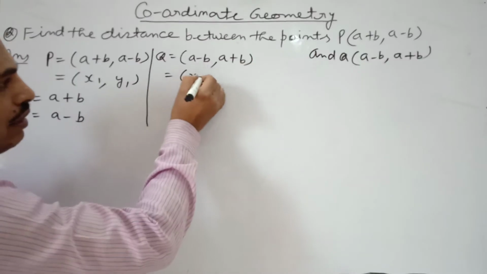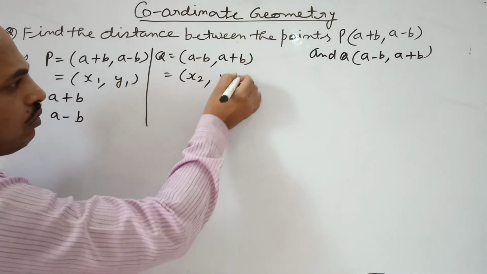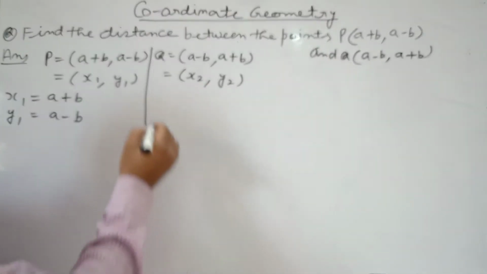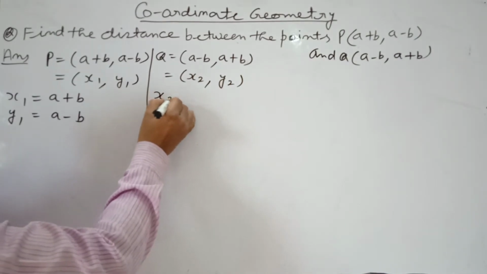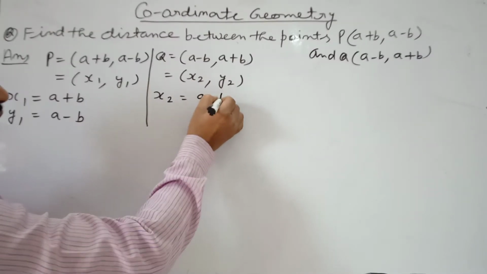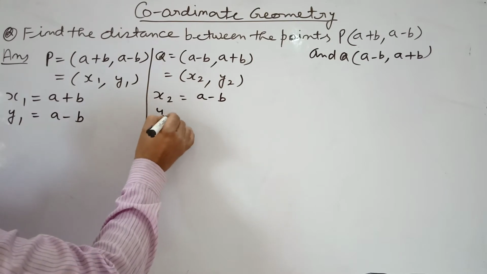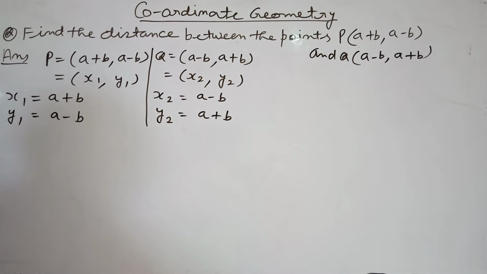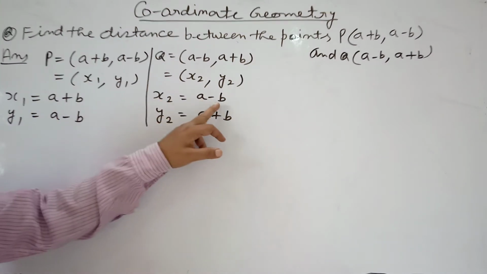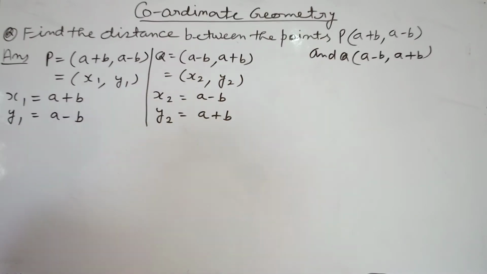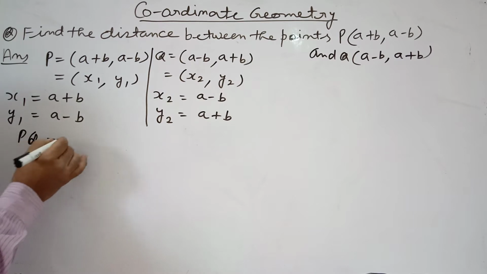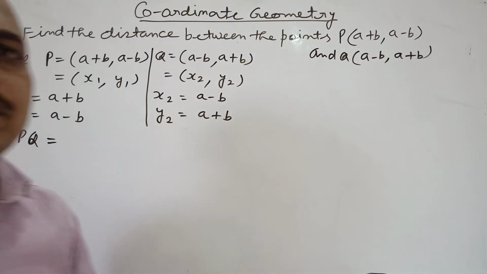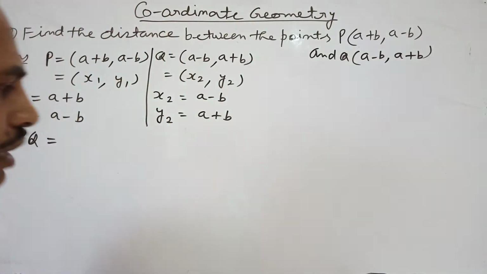Compare with x2, comma y2. x2 is a minus b, y2 is a plus b. So x1 is a plus b, y1 is a minus b, x2 is a minus b, y2 is a plus b. We have to find distance PQ by using the distance formula.